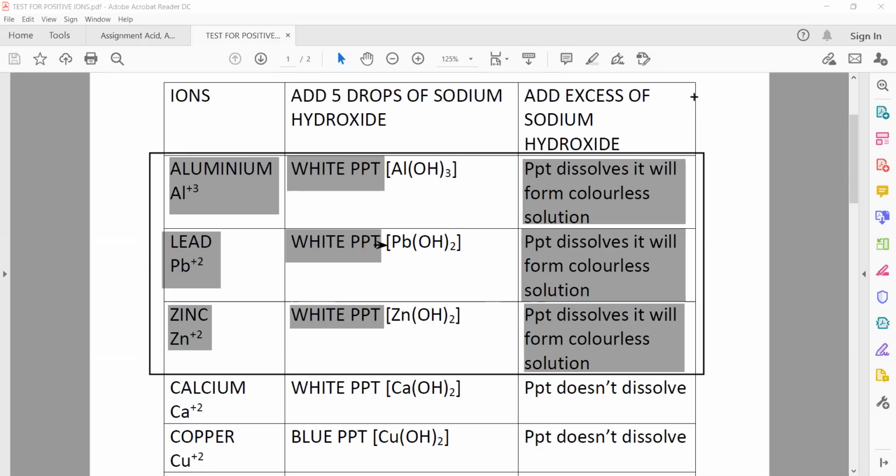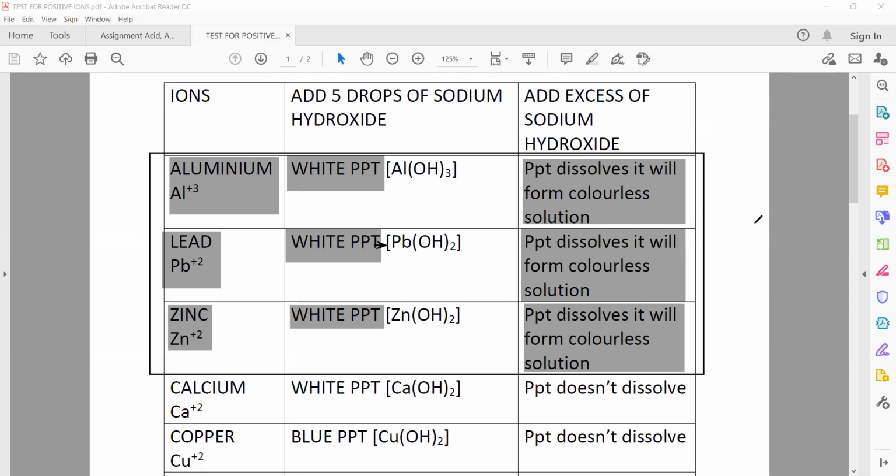But if it is calcium, how can you distinguish? There are different ways, that's what I'm mentioning. Not only with sodium hydroxide, there's another test for positive ions. If you add sodium hydroxide and it gives a white precipitate, you cannot distinguish. So if I add sodium hydroxide and I observe a white precipitate, what can I say?